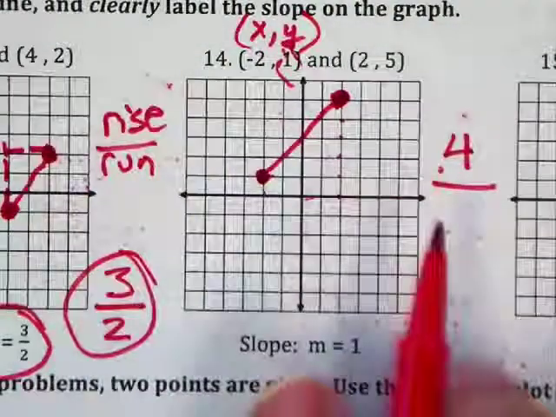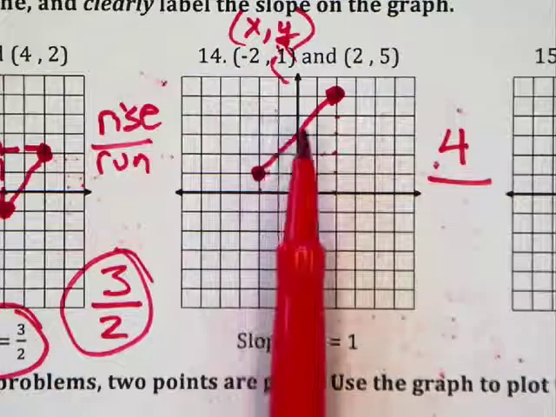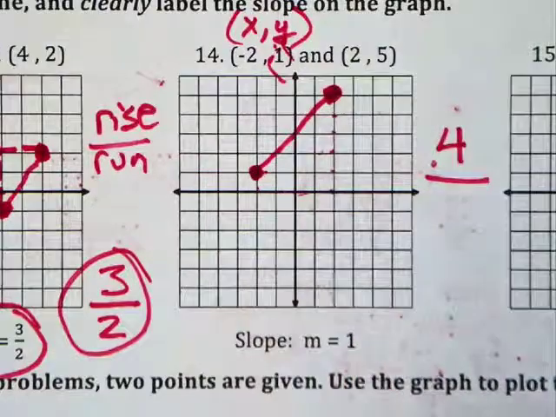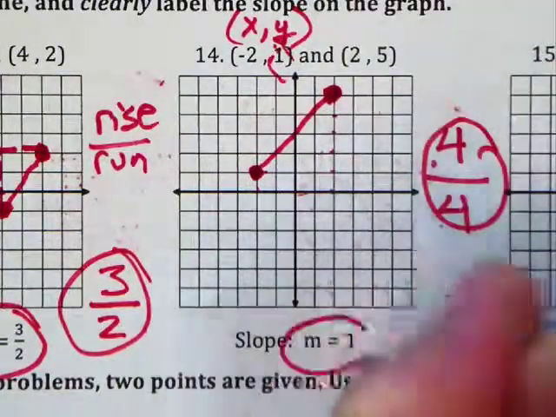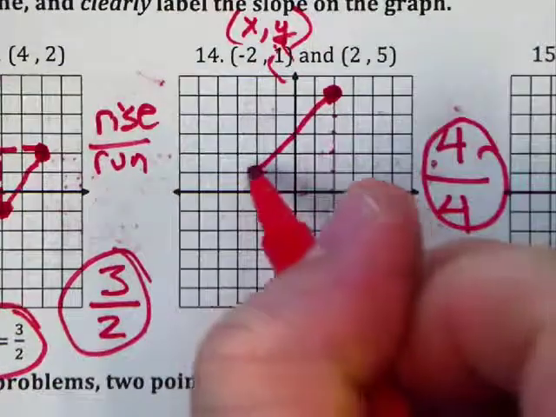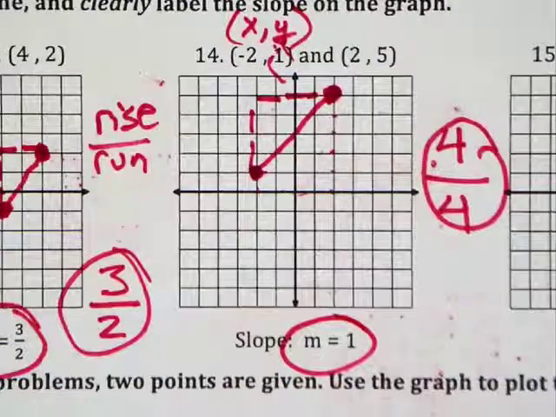And then from here, we need to go over 1, 2, 3, 4 to get to that point. So 4 over 4, or 1. And that's how we find that slope. And again, just to label it, all you've got to do is draw a couple of dashed lines. That's it.